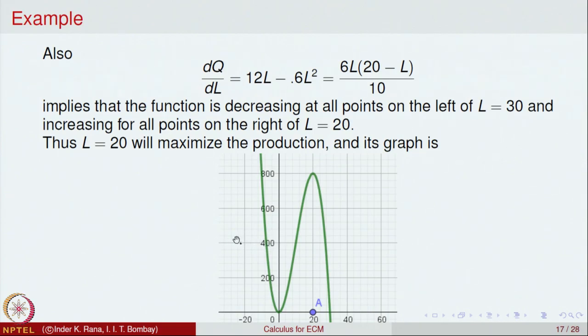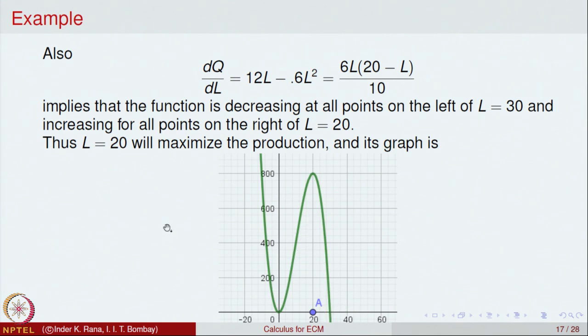It is also interesting to observe that our function q as a function of L is a cubic, of power 3, so the graph can cut the axis at 3 values. It has two coincident roots at L equal to 0 and one other root at some other point.